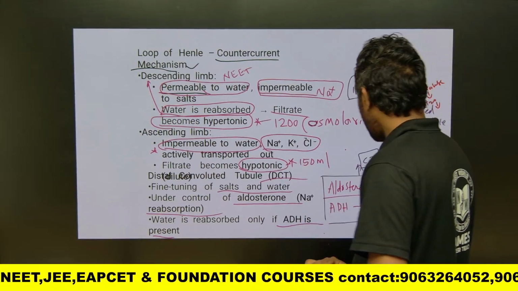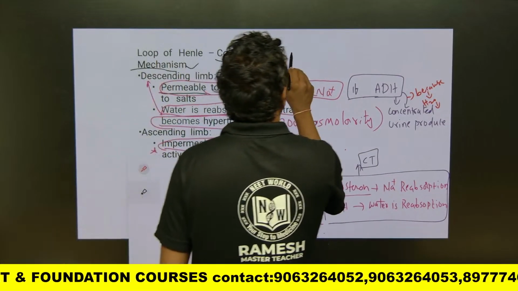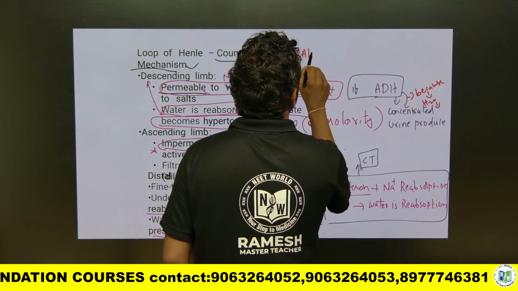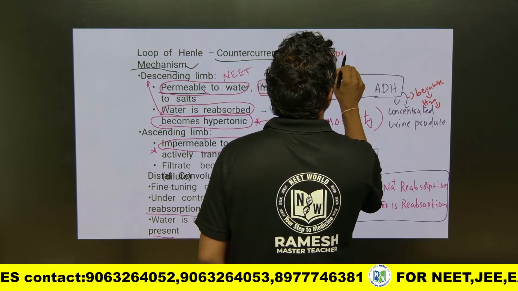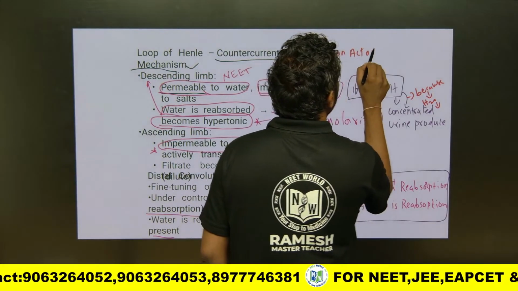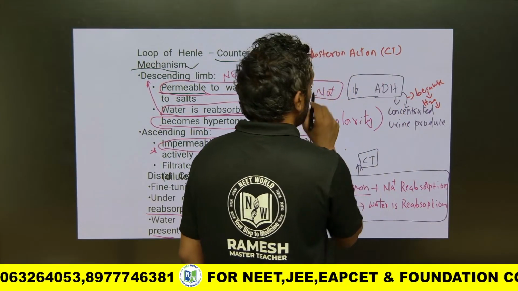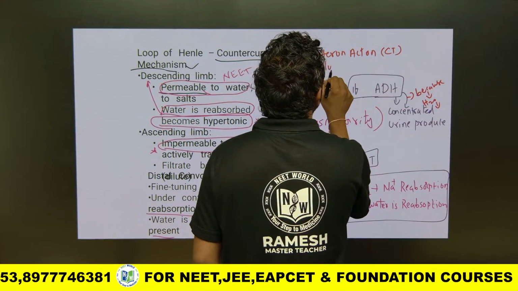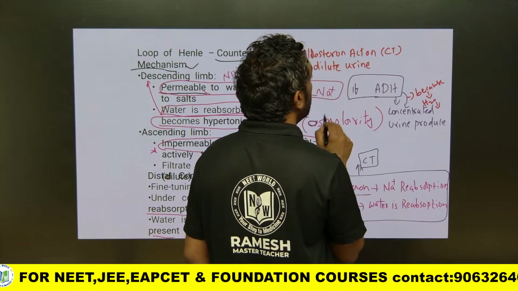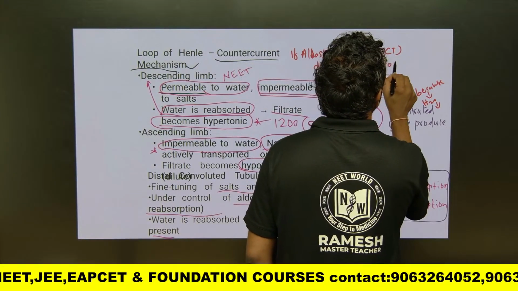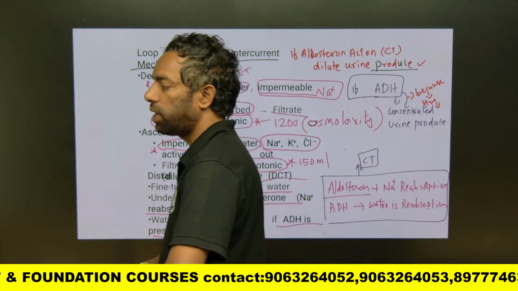If aldosterone acts on the collecting duct, there is NaCl reabsorption, and dilute urine is produced. This is about the exam, guys.